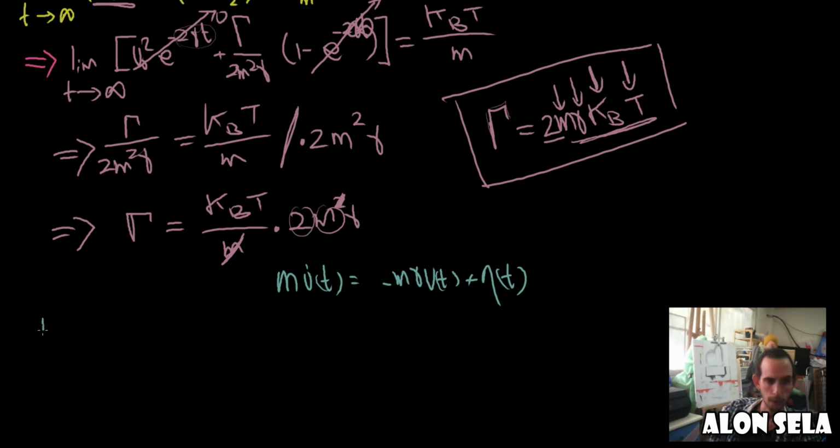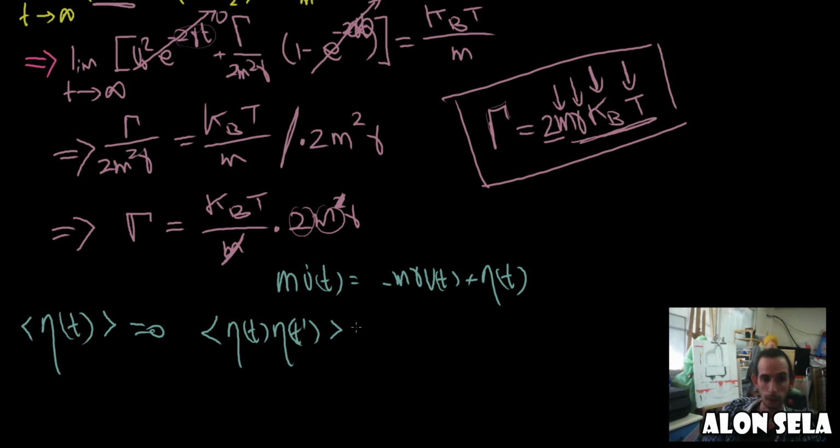We saw that the expectation of eta at time t is equal to 0, and we saw that this quantity, which is the autocorrelation function, is equal to Gamma times the Dirac delta function.